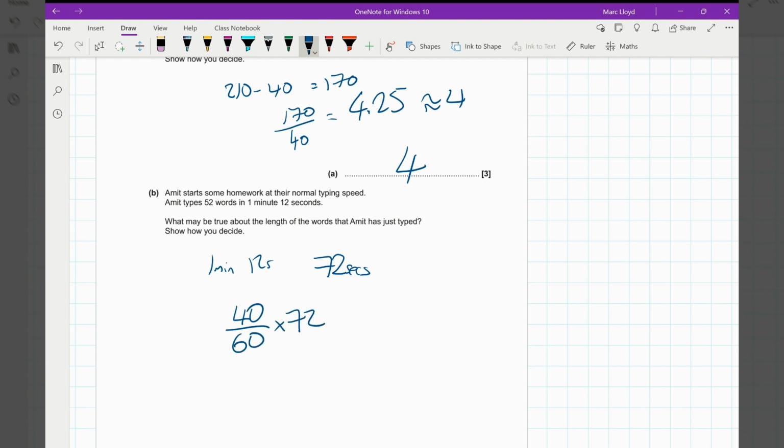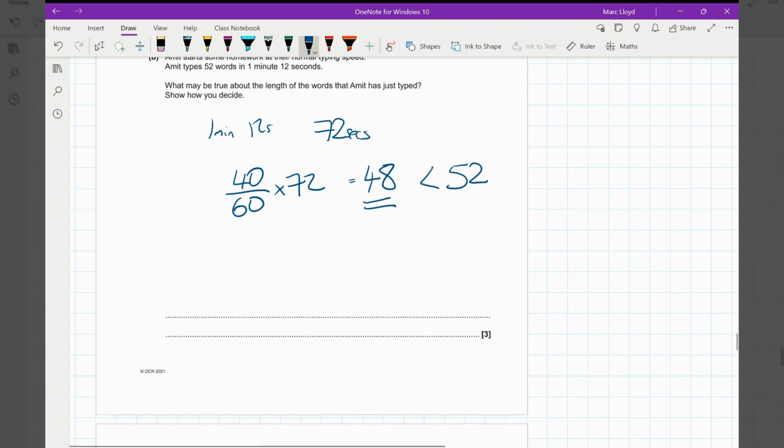So 40 divided by 60 times 72 gives us 48. From that 48, we can deduce that's the amount of words we would expect him to write, and that's a smaller number than 52 words. So as he's done 52, 52 is more than expected.